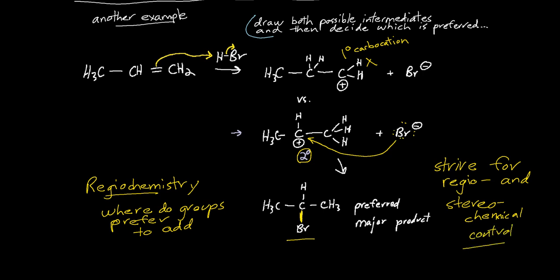For a synthetic chemist, the holy grail is to have a reaction that gives you 100% regiochemical and stereochemical control. In the next video, we're going to look at how regiochemistry is a problem to be solved by more complex synthetic methods.